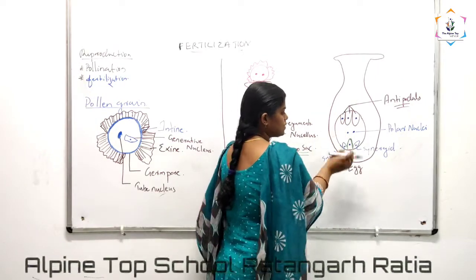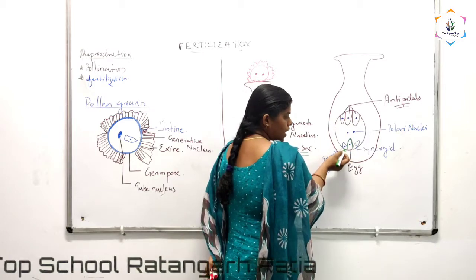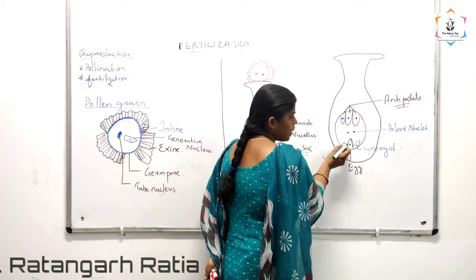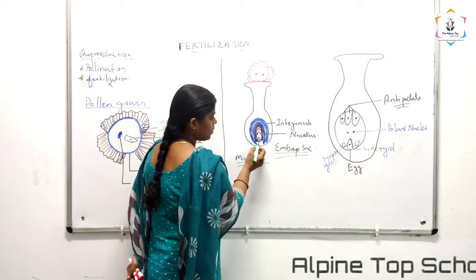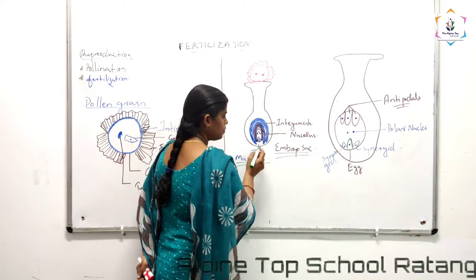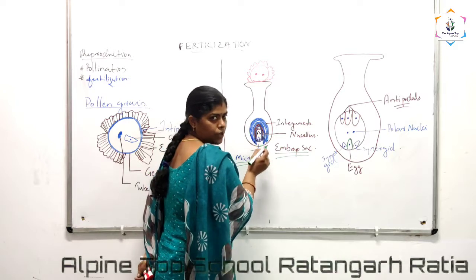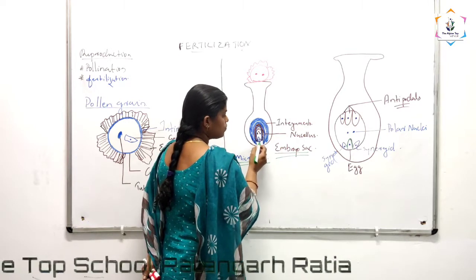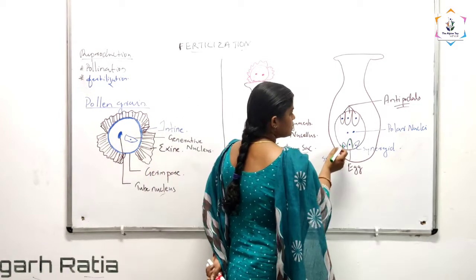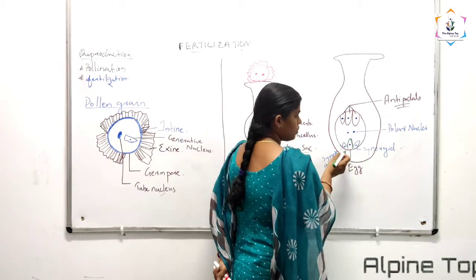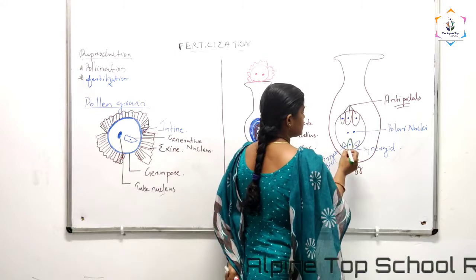The embryo sac is having 3 cells at the end of the micropyle, at the side of the micropyle. This portion is known as what? Micropyle. The opening to the ovule, that is micropyle. And at the micropylar side, the ovule is having 3 cells. Okay, the embryo sac is having 3 cells.